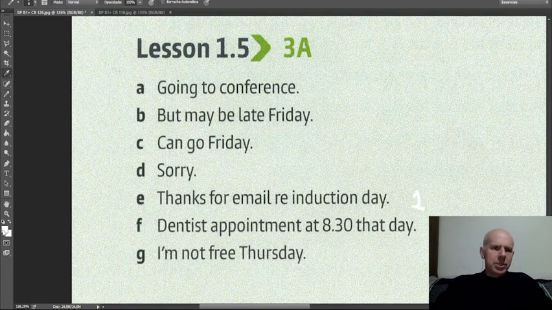Come on, let me change this color. I'll use this one. And I'll write number one here. Thanks for email re-induction day. Sorry because I can't go on Thursday, maybe, probably, right?